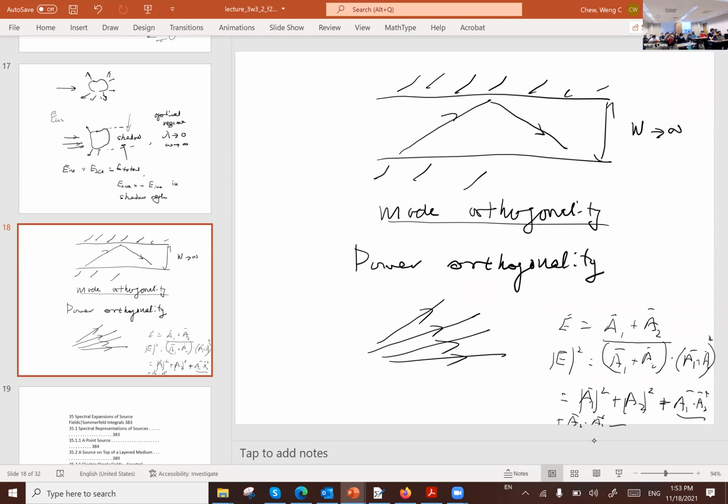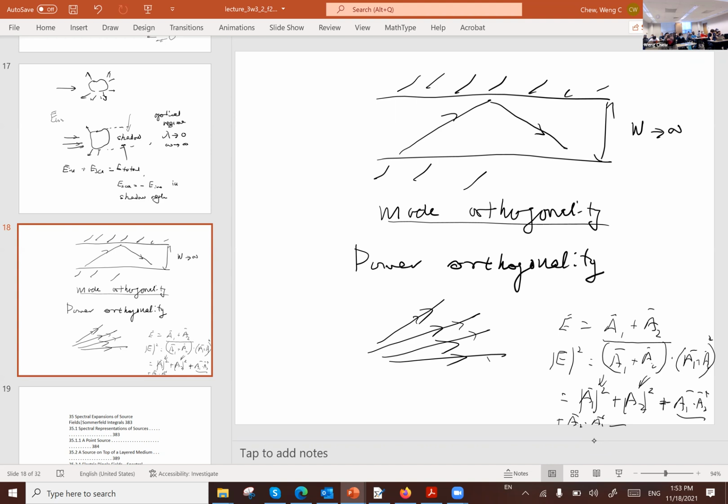So this will be power, this will be power, this will be power, which means that each mode itself carries its own power independently of each other as a wave property. So what it means is that each ray is going to carry its own power independent of the other ray, because these rays are orthogonal to each other.